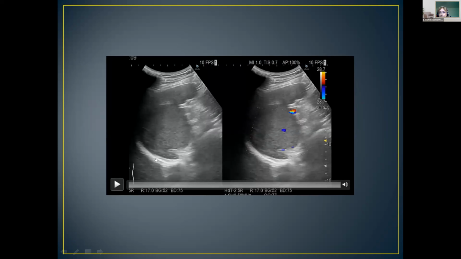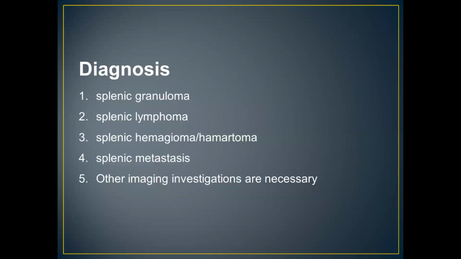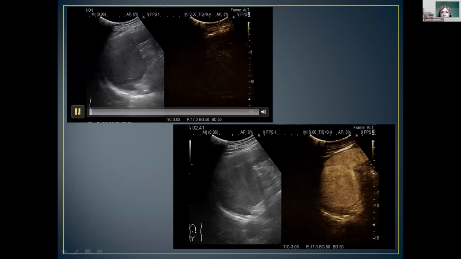But in the spleen, we hardly found a homogeneous round lesion similar to the splenic parenchyma. What is this lesion? You will see, we want to see series. So, arterial phase.